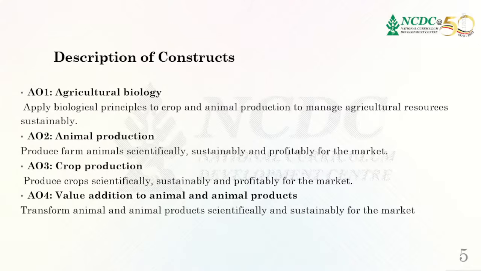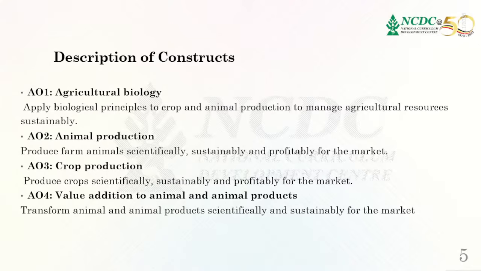Then description of the constructs. Our first construct is agriculture biology, and its description is looking at applying biological principles to crop and animal production to manage agriculture resources sustainably. Colleagues, we all know that agriculture has its foundation, all bases rooted in science and in biology, because we are looking at lives, animals and crops are lives.